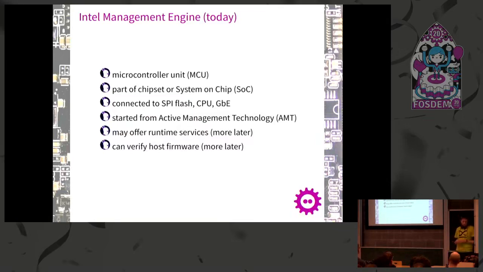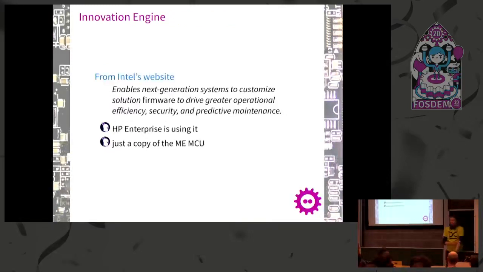So now there's a bit more that was actually put in the management engine, and that's why today it's called CSME. Okay, CS for Converged Security and Management Engine. I will briefly mention those security features as well. But first, let's look at the innovation engine.